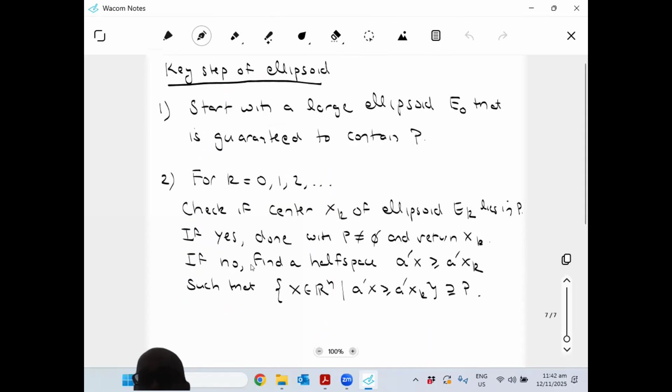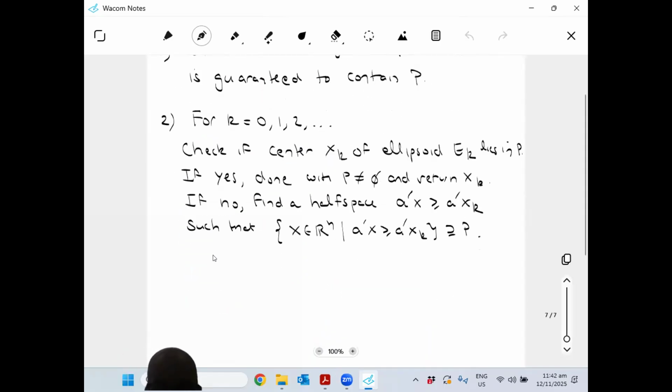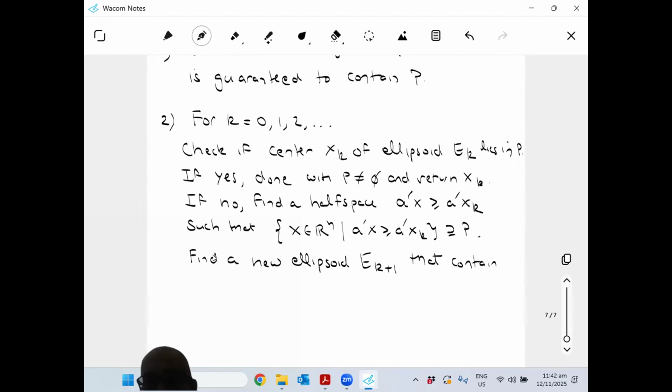Now you have to create a new ellipsoid. Next, find a new ellipsoid, E(k+1), that contains the half space, that contains basically Ek intersected with this half space.